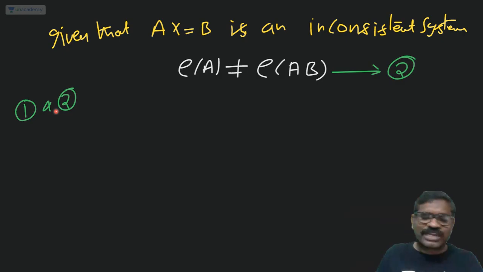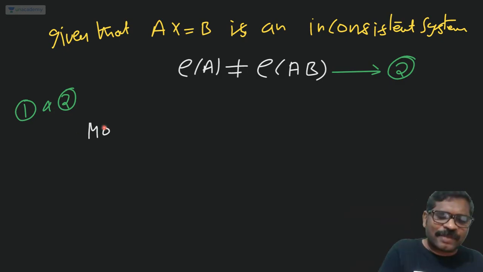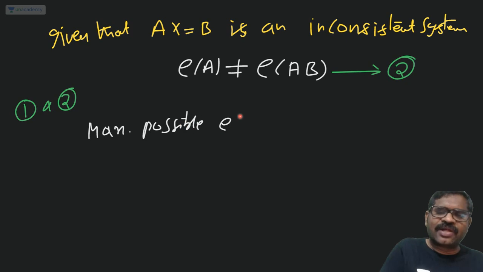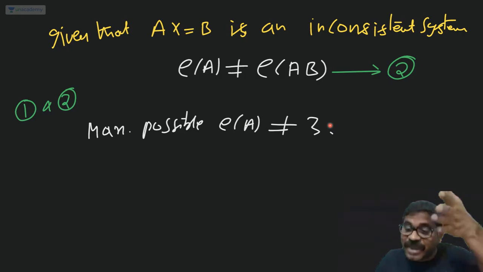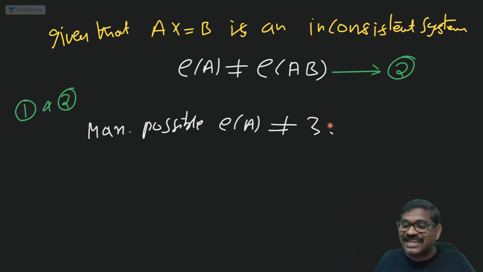What is our conclusion? Maximum possible rank of A is not at all 3. Because maximum possible rank of AB is 3, and rank of AB not equal to rank of A, the maximum possible rank of A is not at all 3.